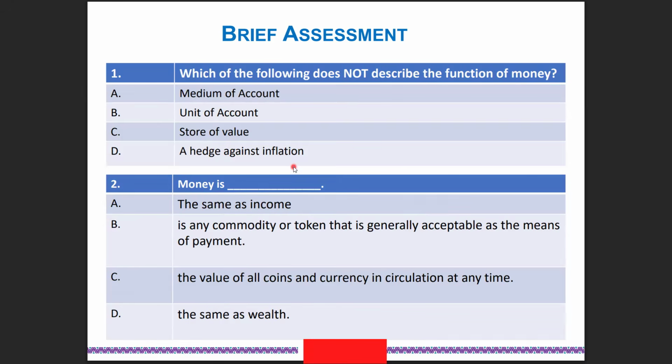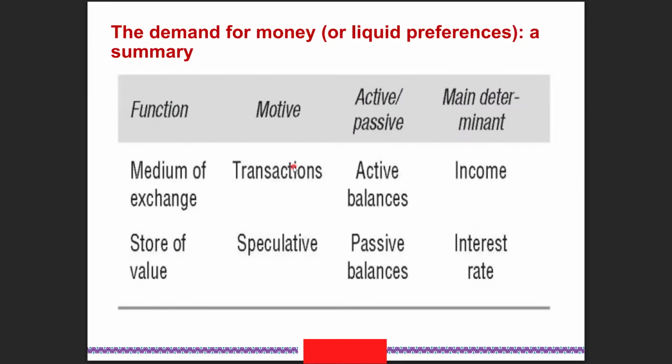So let me do this one, I still have time. The demand for money or liquidity preference, a summary. So we have why we hold money: for transaction motive and for speculative motive. And precautionary, they didn't include precautionary, but it falls under this one also because we use money for its medium of exchange function, right?